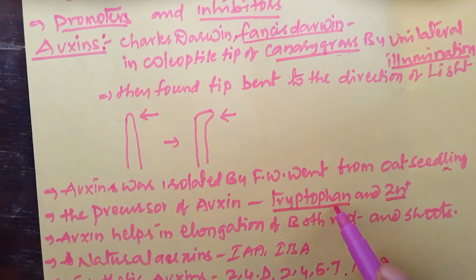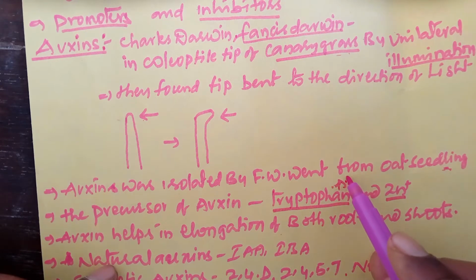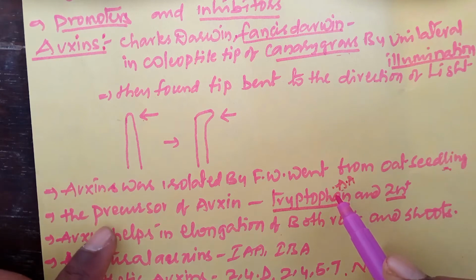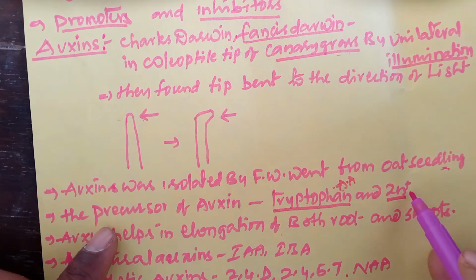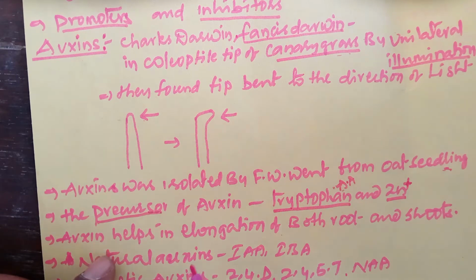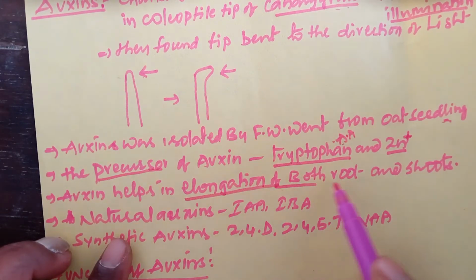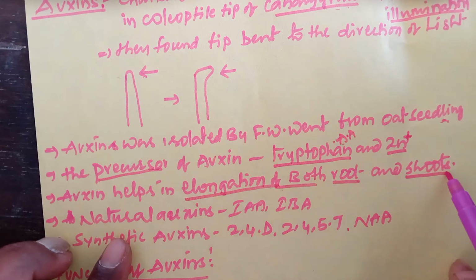Tryptophan is a type of amino acid, helpful for the release of auxin, and zinc is also essential for the secretion of auxin. Hence these two are called precursors. Auxins are helpful for the elongation of both root and shoot.